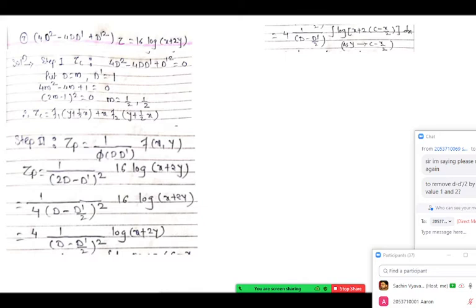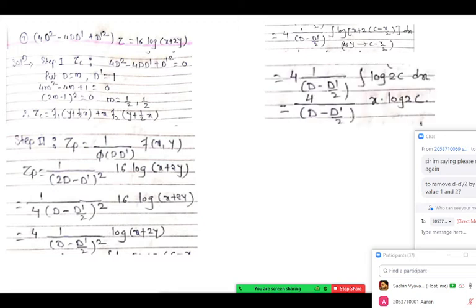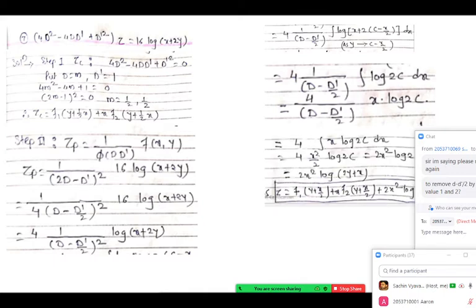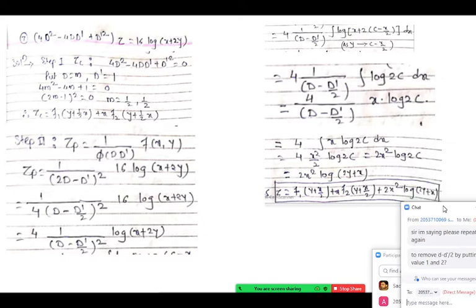Once we simplify, it becomes log 2c only. Integral of log 2c is x log 2c, and again by this formula, it is again an integral of x log 2c only, and that is the final answer. And don't forget to write that yc plus yp is a complete solution there.